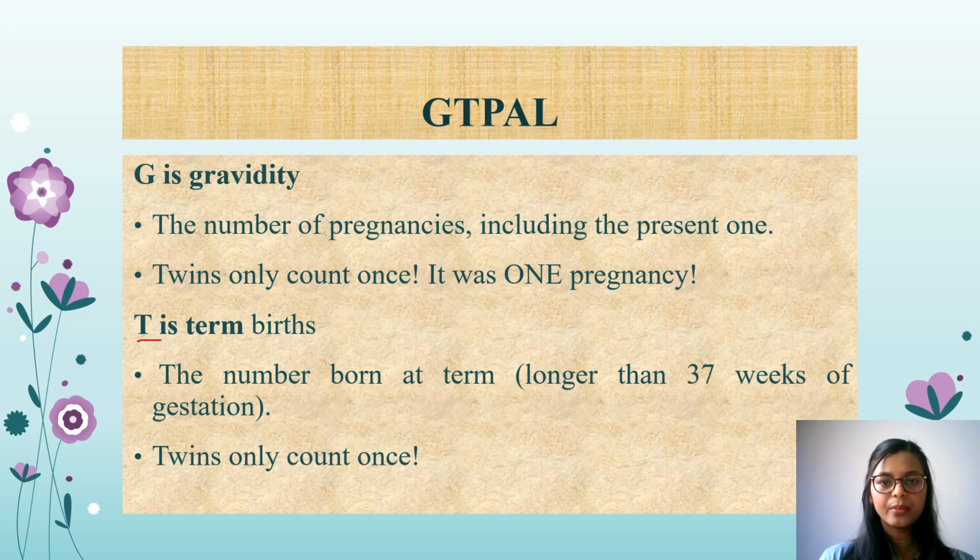T refers to term birth. The number of babies born at term should be at 37 weeks of gestation or longer. If the pregnant woman gives birth at 36 plus 6 weeks of gestation, that comes under preterm, not term. And again twins only count once.